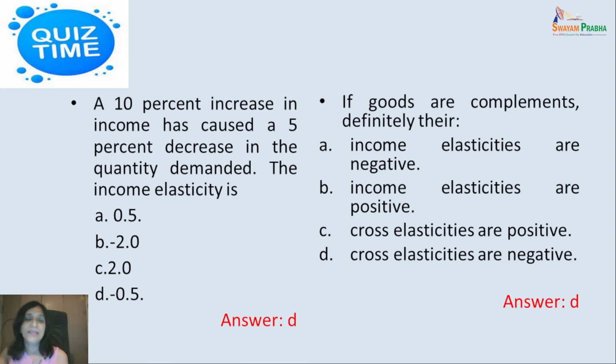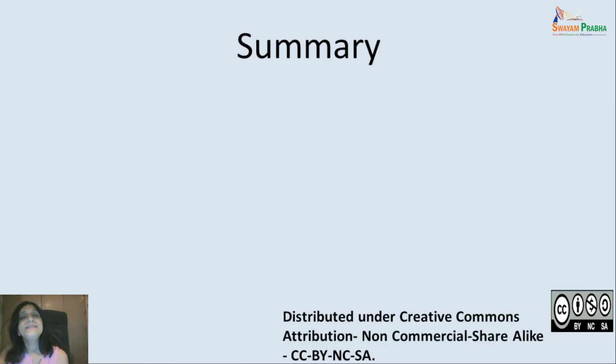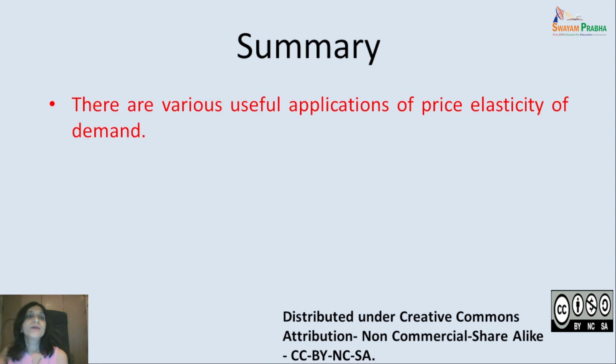We just explained it. So, let us summarize today's lecture. First, we have seen that price elasticity has various useful applications for businessmen as well as for government. Right from the pricing decision of the product, the pricing decision of the factors of production, and whether we have to discriminate price and how much to charge in each market, all can be determined by price elasticity.